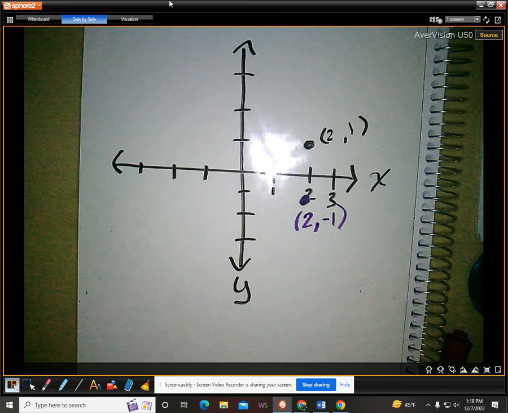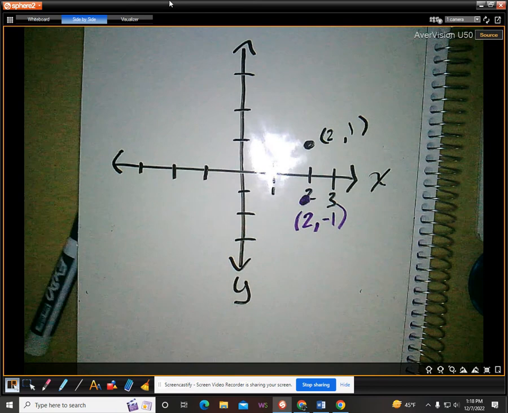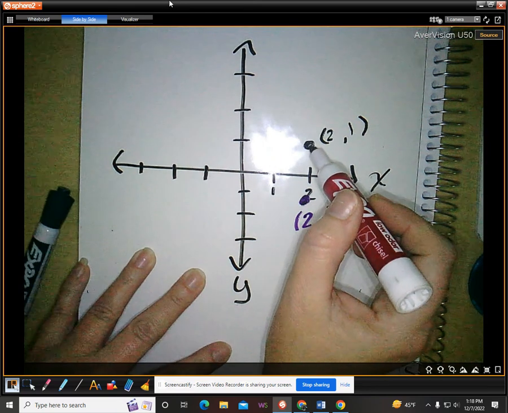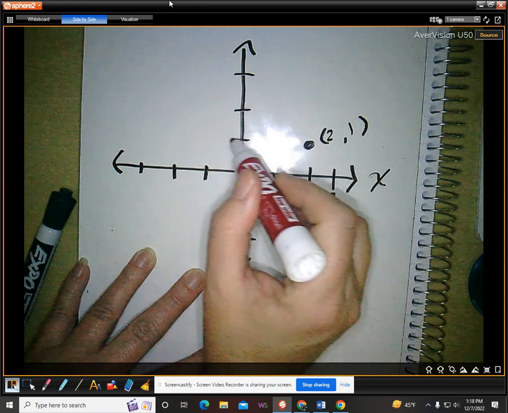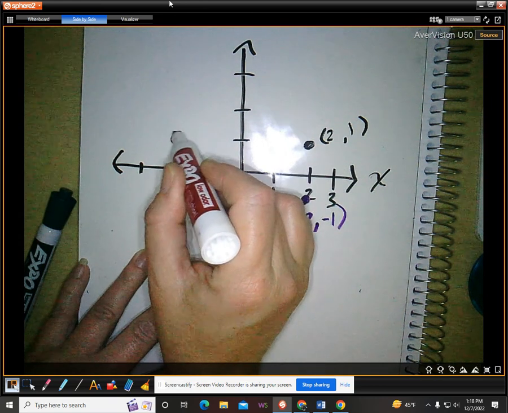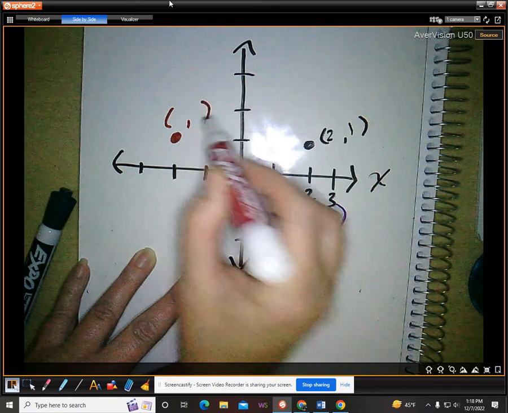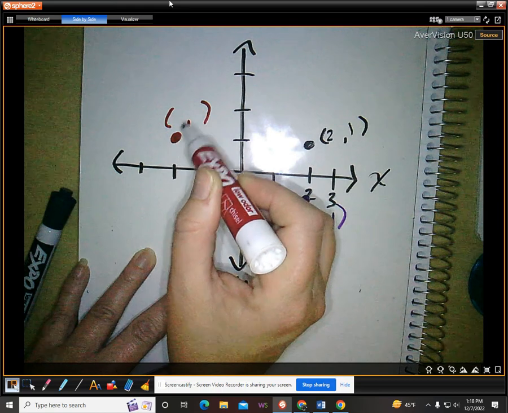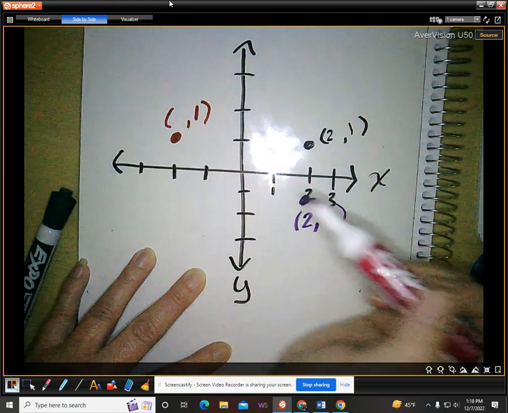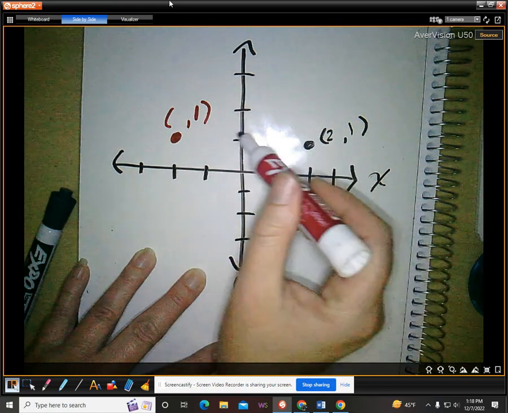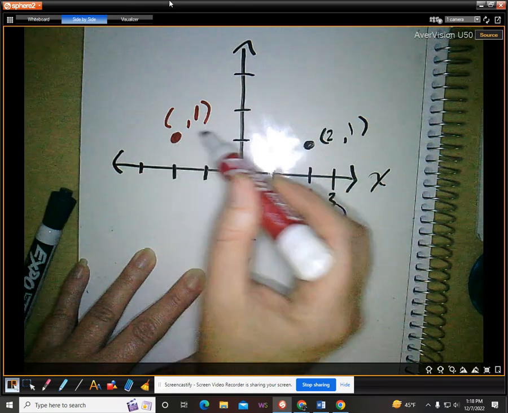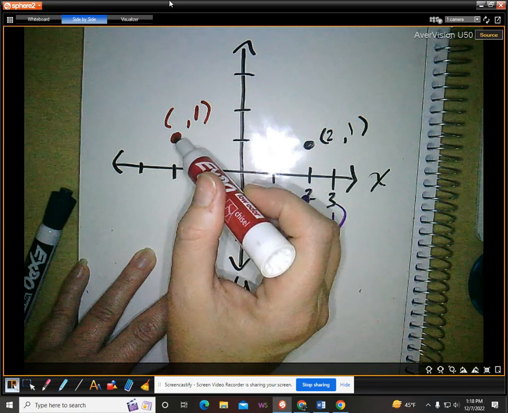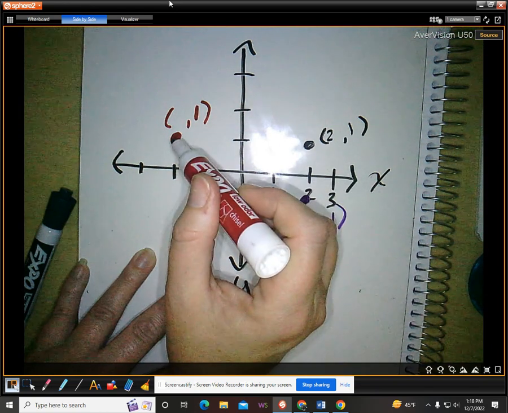Now, if we reflect that across the y-axis, we're taking this dot and rolling it directly across the y-axis. So it would end up over here. When it's rolling across the y-axis, the y never changed. It is still at y 1. So if it's reflecting across the y-axis, the y does not change.